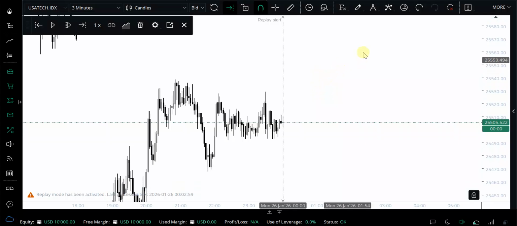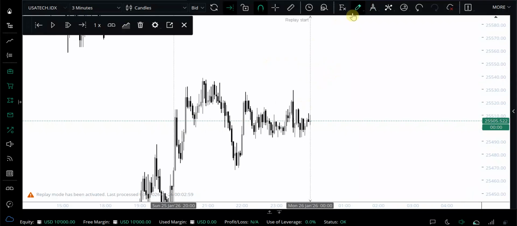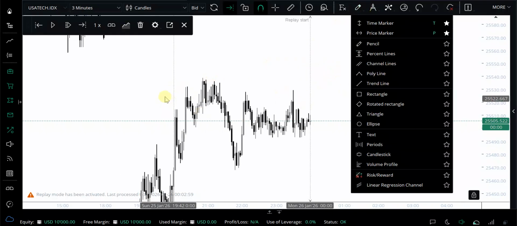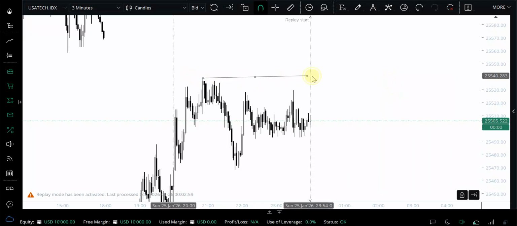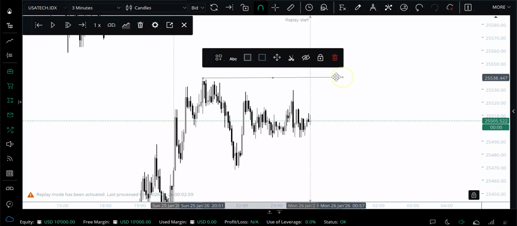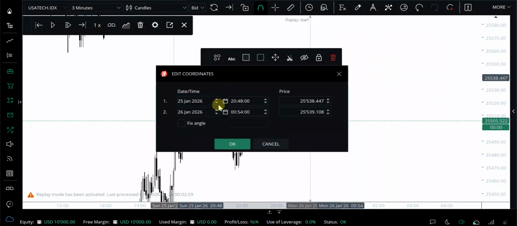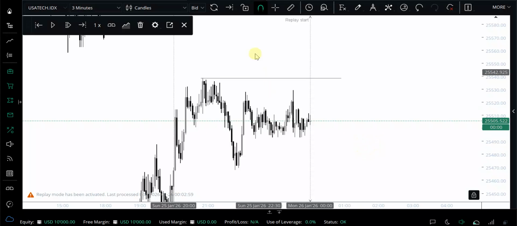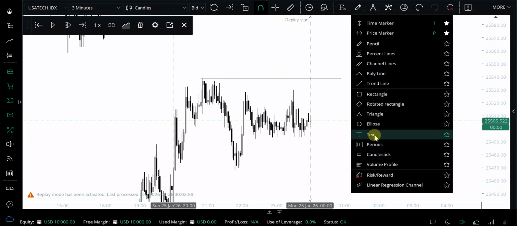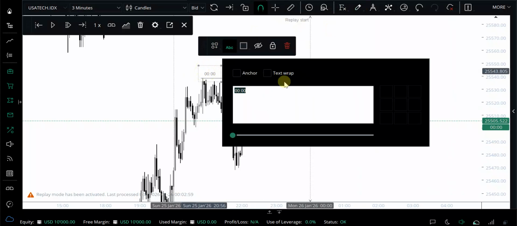So let me now illustrate this. So Asian session from 8 p.m. to midnight, New York time. That's my Asian range, right? So that's my Asian session range high.